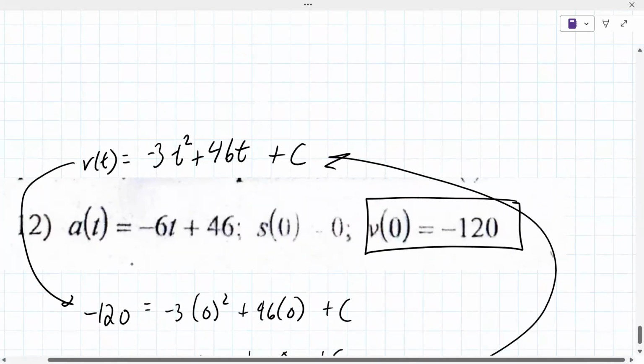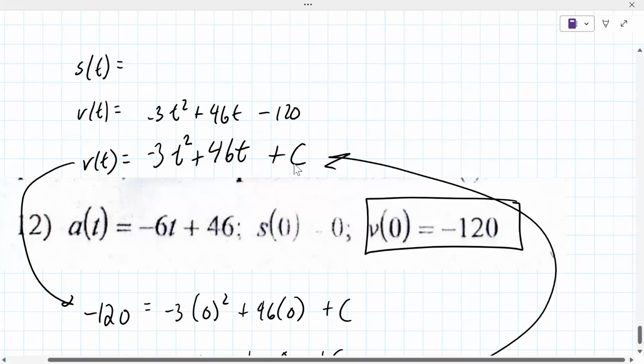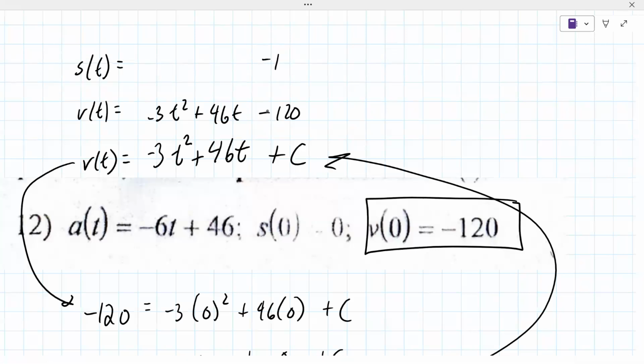I know it's weird to work kind of vertical, but this is a bad question, the way it's presented to you this early in the course. Now, they want you to find S of t, so it's the same idea. I would start with the constant. What's the derivative of what gets you to minus 120? Minus 120t.